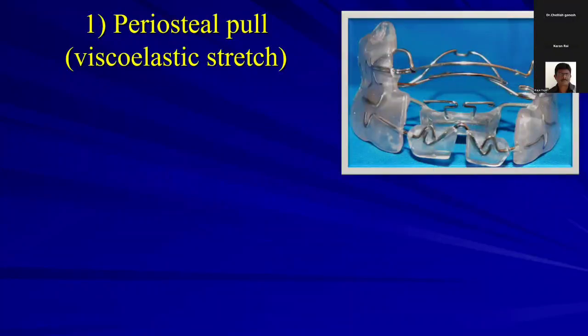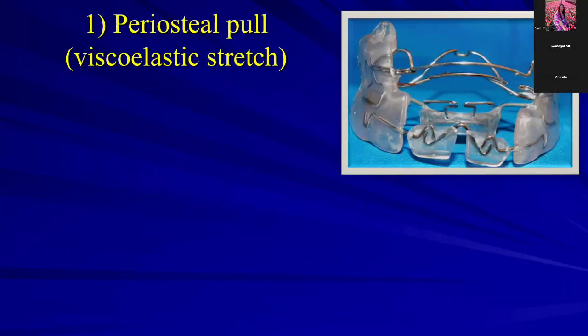This appliance has an extension deeper into the vestibule, and it is fabricated depending upon the impression that you take. The importance of this is that it is custom made, meaning that according to each patient, the sulcus depth varies.